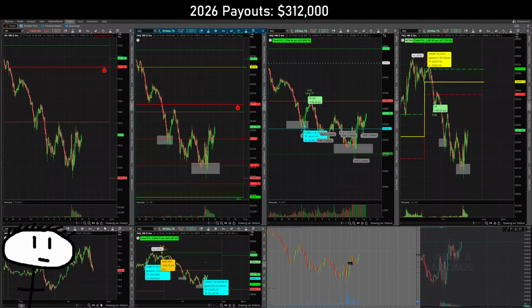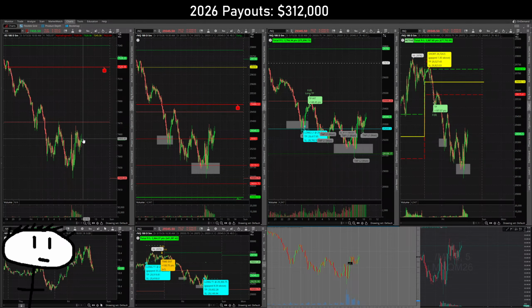If I was smart, I would probably cut it there, like 150. It's at a couple of levels it needs to break. This area right here, it's gotta break that. Let me see which one is stronger. So NQ is stronger.